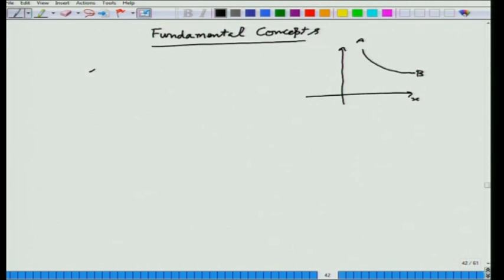We know that the length of this curve is a functional. Let us say this is the point x 1, y 1 and x 2, y 2, and so we need to find this integral from x 1 to x 2.